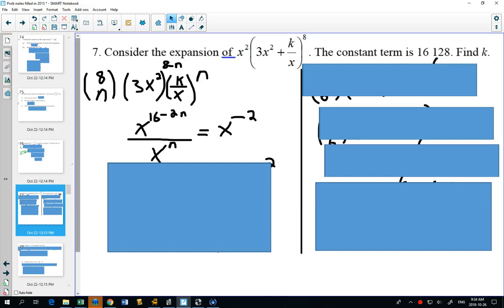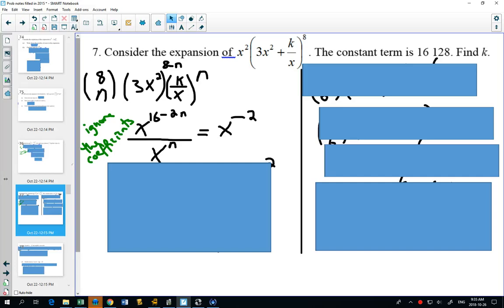Ignore the coefficients once again. Okay?